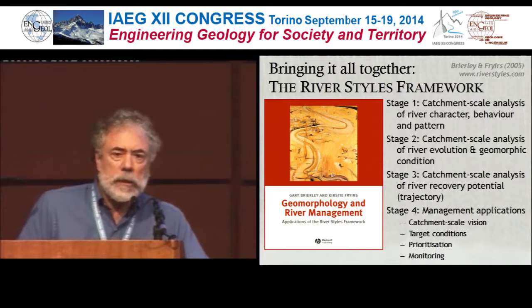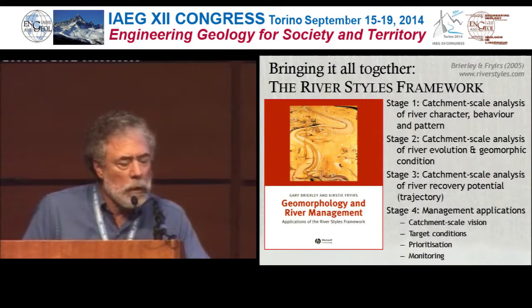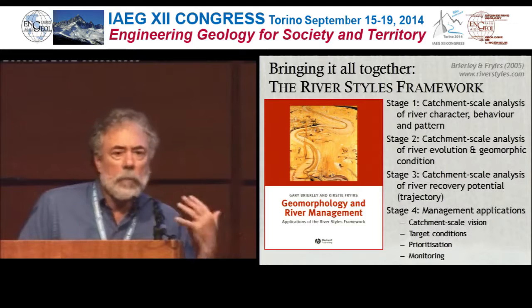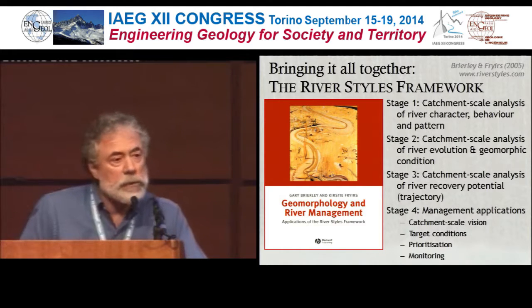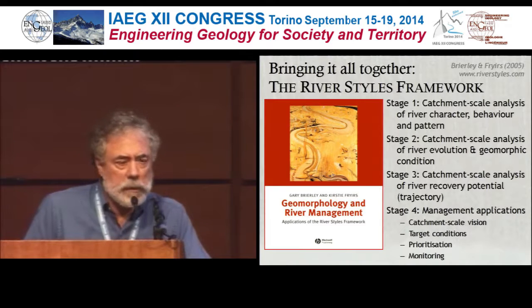And this scheme is essentially a guidance. It's not a cookbook, but it's a guidance for managers in which several distinctive components are identified. First, the characterization of the geomorphic condition of the river system at present.